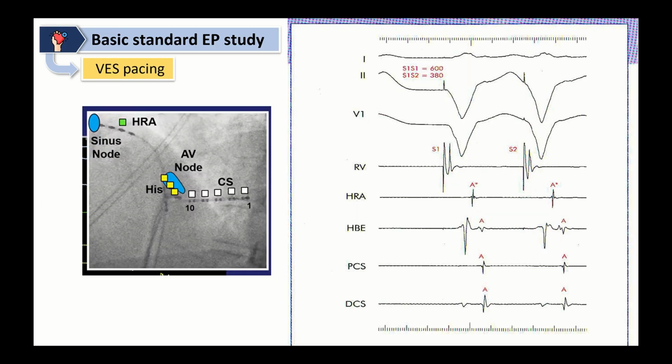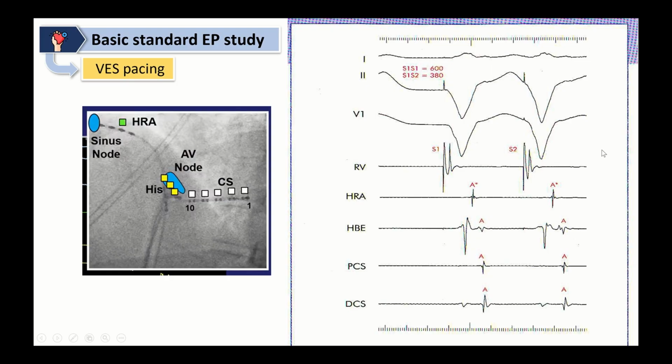First one, we can see ECG leads 1 to V1, then RV catheter, high right atrium, His and coronary sinus. Then we give S1, then S2, and we ask where the earliest retrograde A is. In this example, we can appreciate it at the channel of high right atrium.